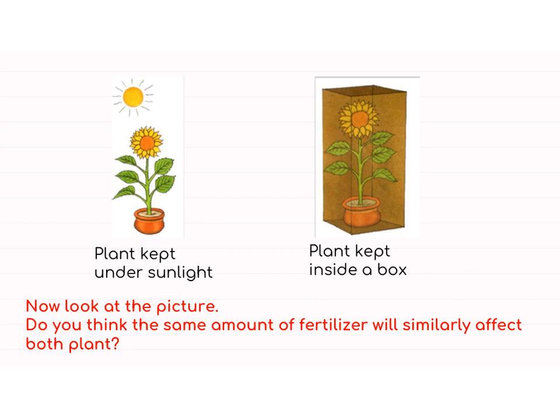Even if you change the amount of fertilizers, can you detect the growth of both plants where one is kept under the sunlight while the other one is kept inside the box? Can we compare the growth of both plants if they were given different amounts of fertilizers while one is kept under the sunlight and the other one is kept in a box? Can we do such a comparison?